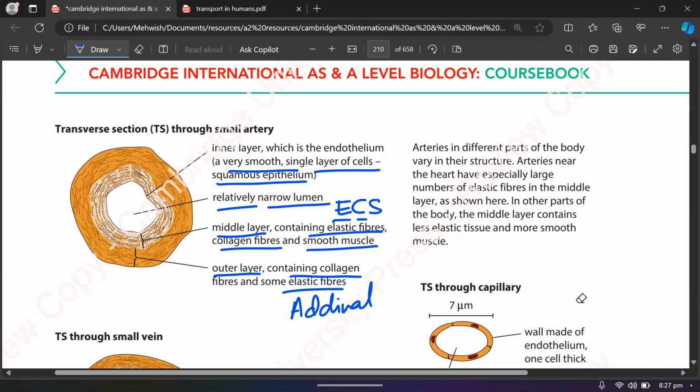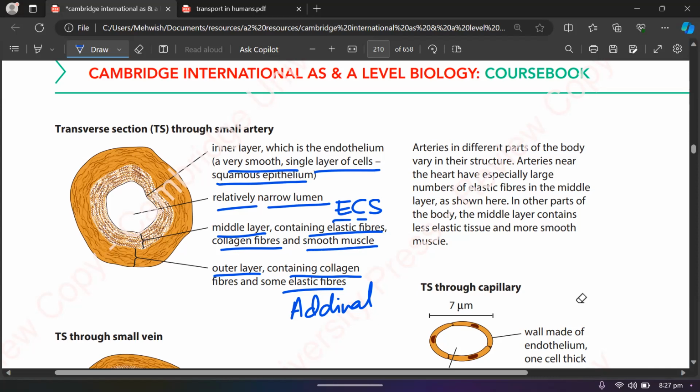You must have studied in IGCSE that they have thick walls, so they create more pressure. And when there is more pressure created by the ventricle, it needs to be resisted, or faced, by the aorta for the first time.